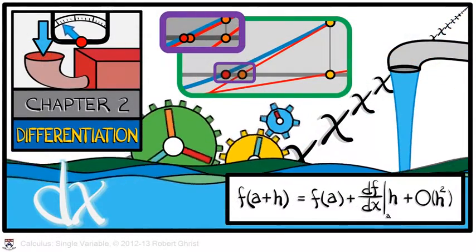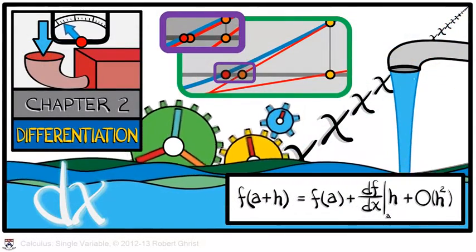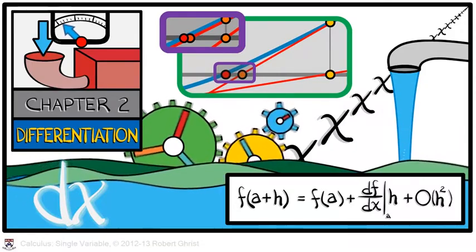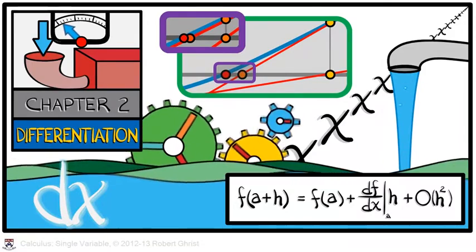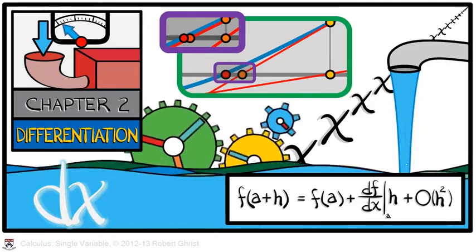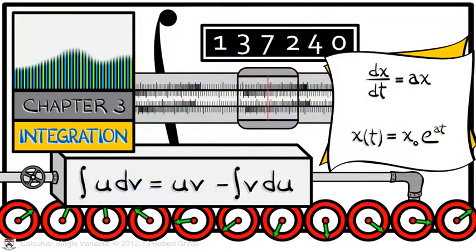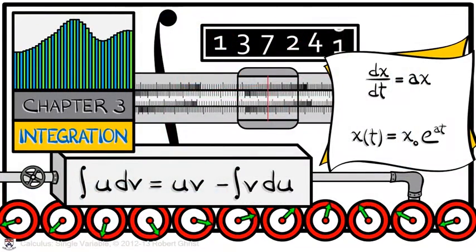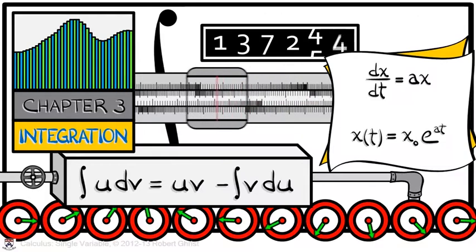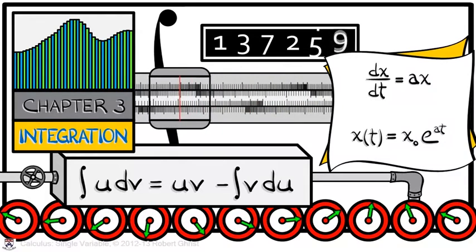Then, in Chapter 2, we'll put that language and that intuition to work by reconsidering rates of change and our notion of differentiation. From there, we'll turn in Chapter 3 to the notion of an antiderivative, that is, an integral.